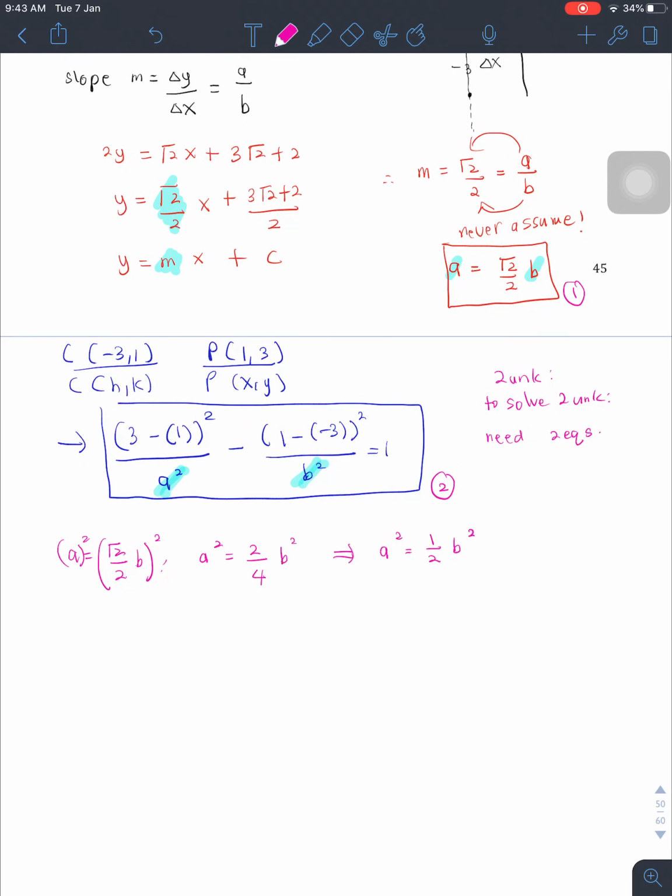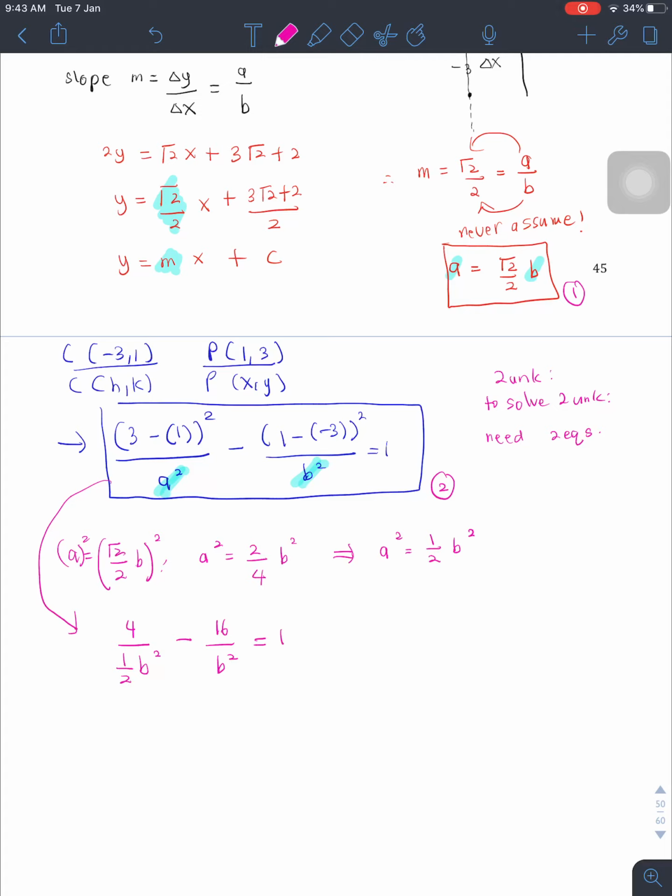Now, once you get this, substitute into your second equation. You simplify 3 minus 1, 2. 2 squared will be 4 over a squared, you're going to have half b squared. Minus 1 minus negative 3 would be having 4, 4 squared is 16 over b squared equivalent to 1.